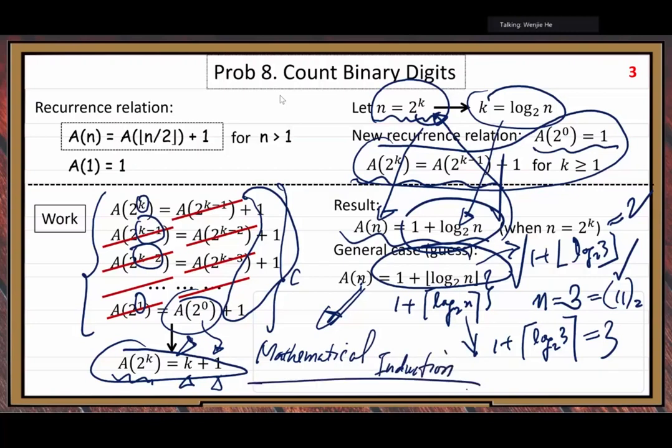But here I would like to skip the step to save some time, our precious time. Later I will show you mathematical induction only once.